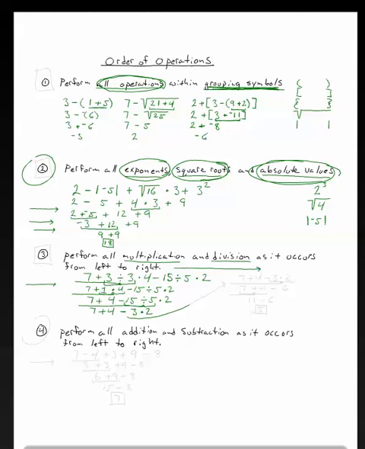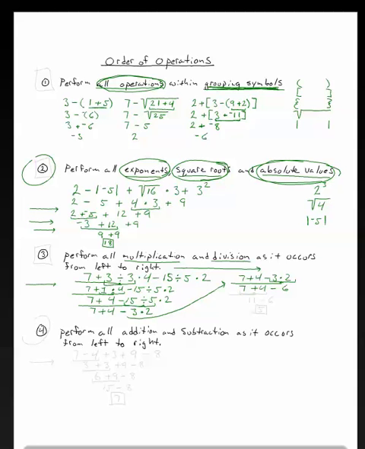Again, I scroll from the left to the right, and this here, 3 times 2, is my last multiplication or division. So I have 7 plus 4 minus 6.